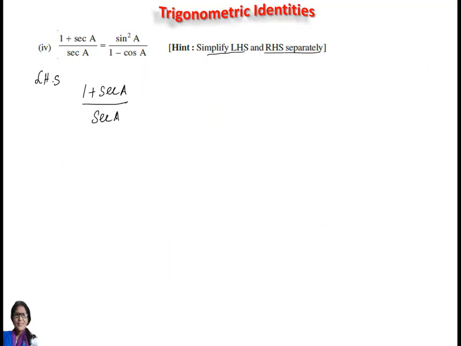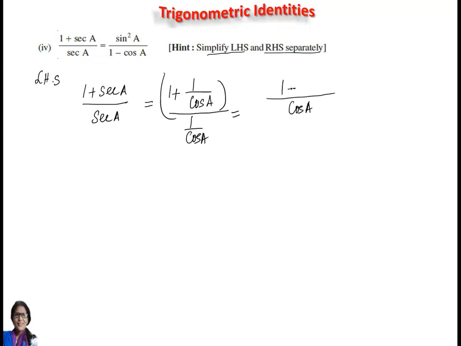Of course, we will change sec A into cos, because in the right hand side there is no sec, no cosec. So I'll write 1 plus 1 upon cos A. Sec A is 1 upon cos A, if you'll recall the relation, by 1 by cos A. Then in the numerator I'll simplify. Cos A is LCM.